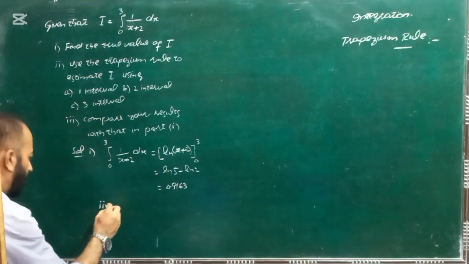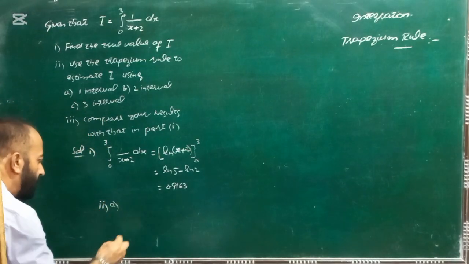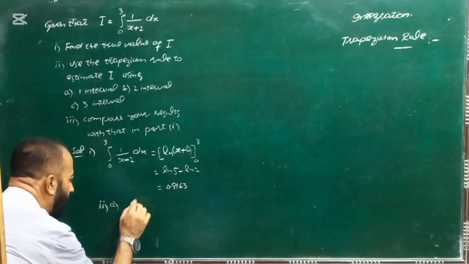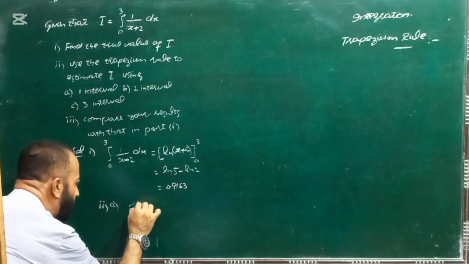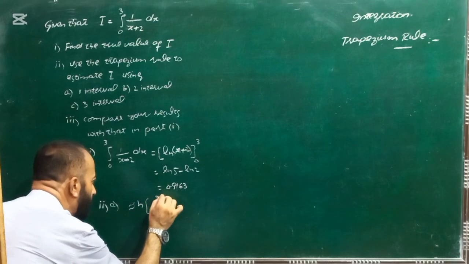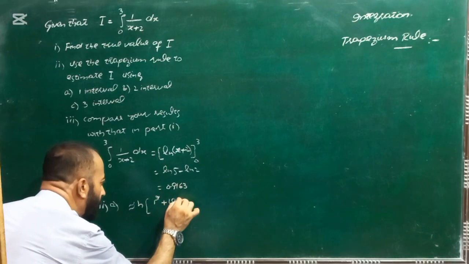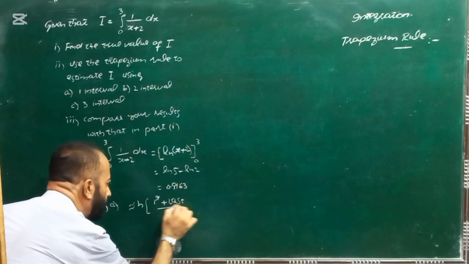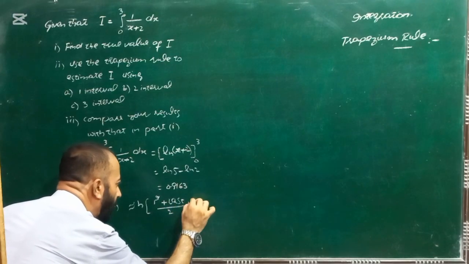So first part. So this is equal to h into first plus last divided by 2 plus all others.